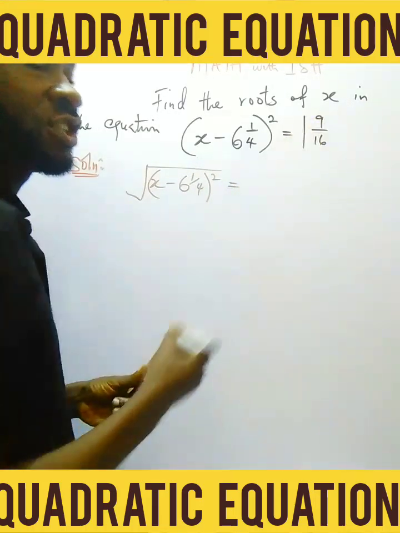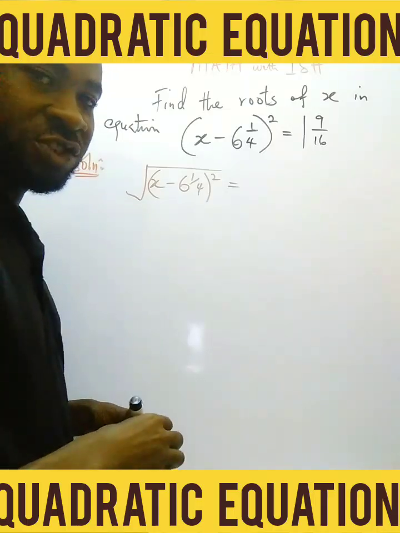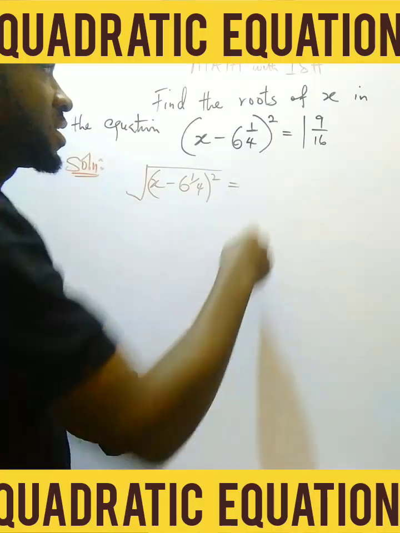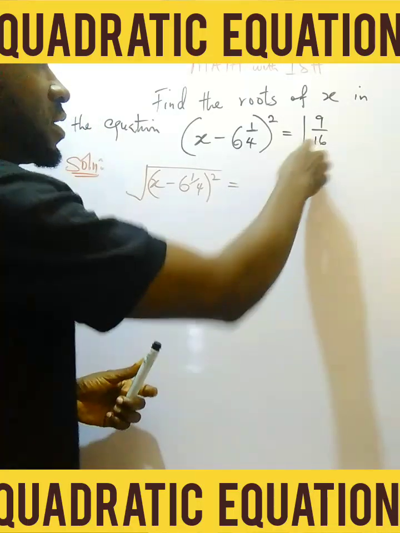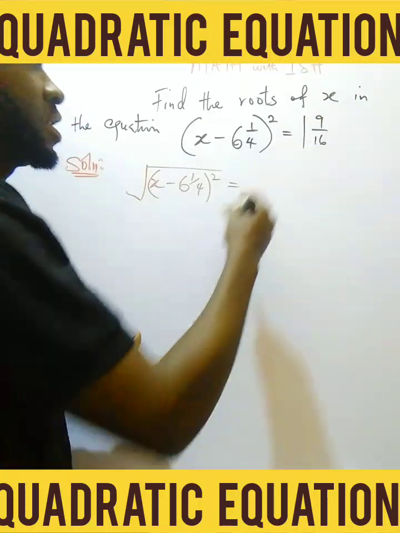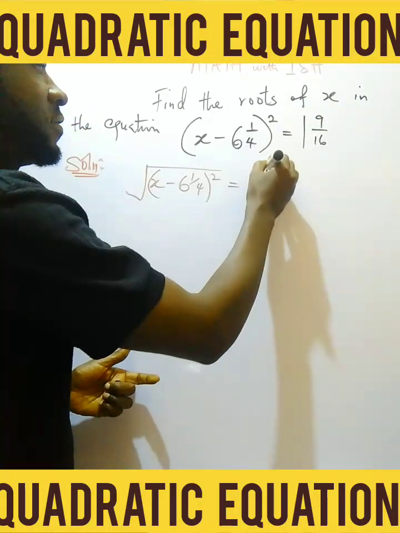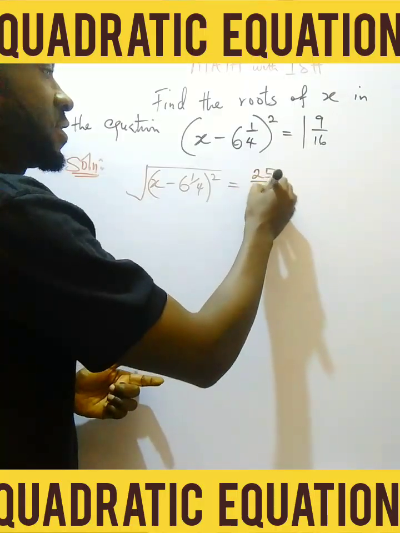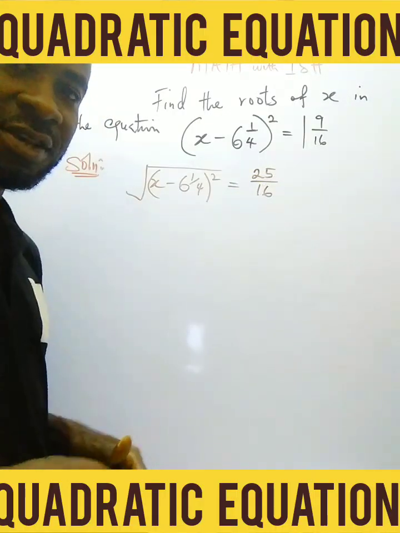And then we can change this to improper fraction. And when we do that, this will give us 16 times 1, 16 plus 9. That is 25 over 16. And you see that?